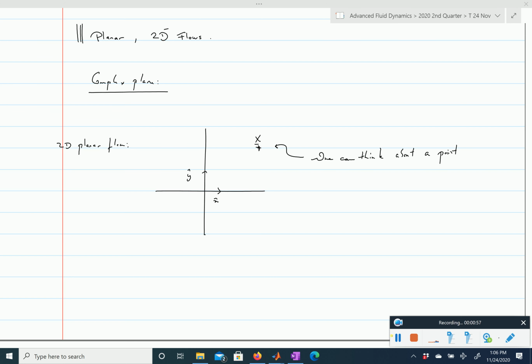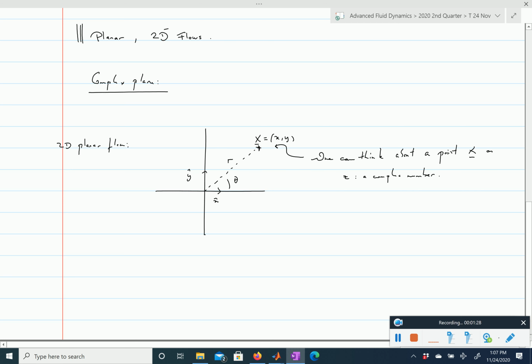So you can think about this point x as a complex number z, right? Because you know that in 2D this point has Cartesian coordinates, that would be x and y, but you could also think about this point given its polar coordinates. That means r, which would be the distance to the origin, so this distance here, and the angle theta, right?